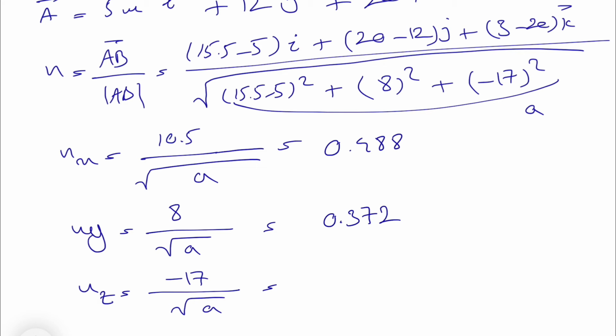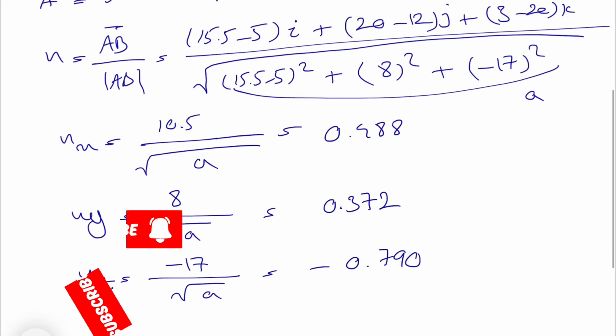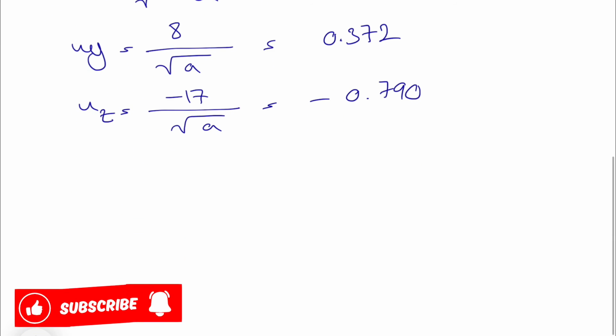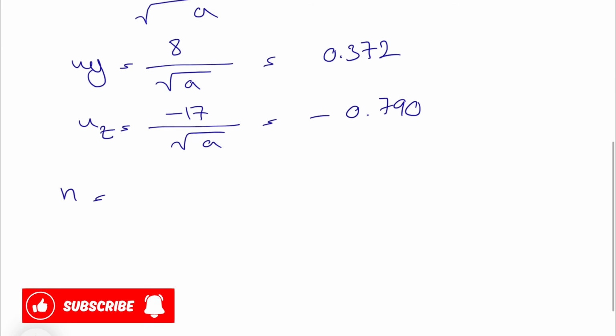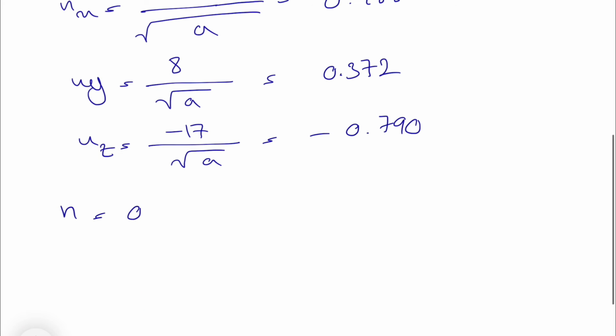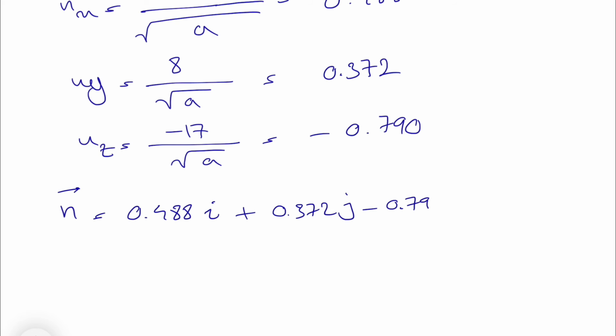And if we do that, we'll get 0.488 for the x component of the unit vector, 0.372 for the y component, and minus 0.790 for the z component, and that's our n.